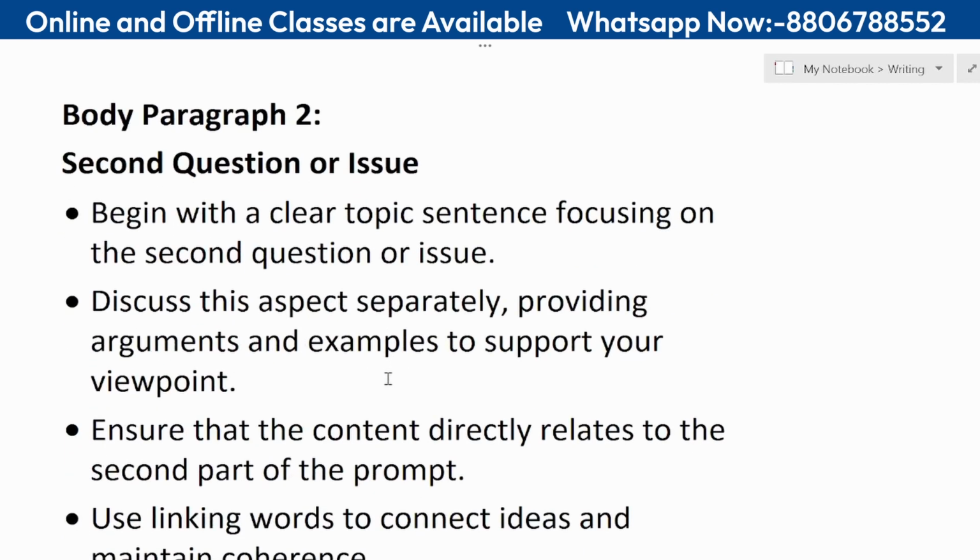Now let us see what you need to include in your body paragraph 2. Second question or issue. So you need to cater to the second question or issue in the double question essay, and you need to begin with a clear topic sentence focusing on the second question or issue. Discuss this aspect separately, providing arguments and examples to support your viewpoint.